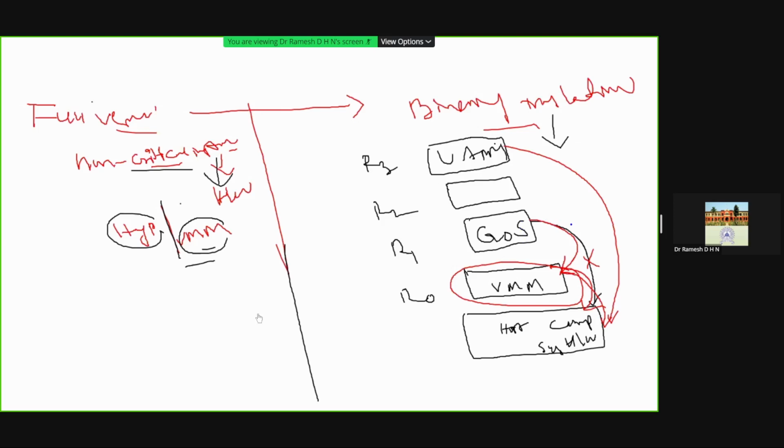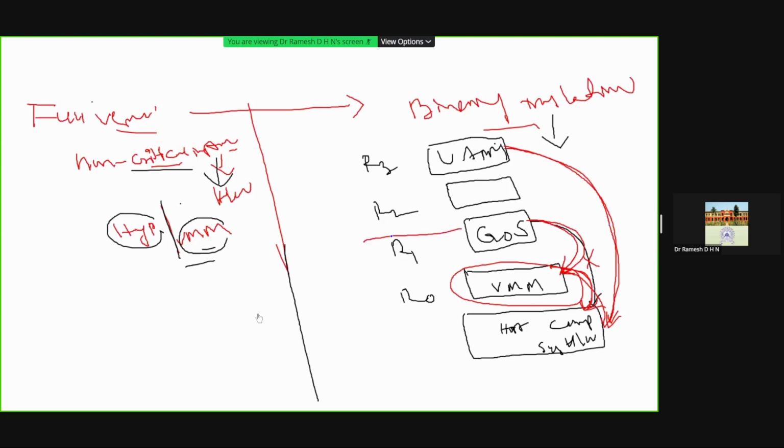The communication from the GOS to host hardware is through the VMM. So this is one, and this is two. And there is a direct communication, in the form of privileged instructions, that can be communicated with the host hardware.